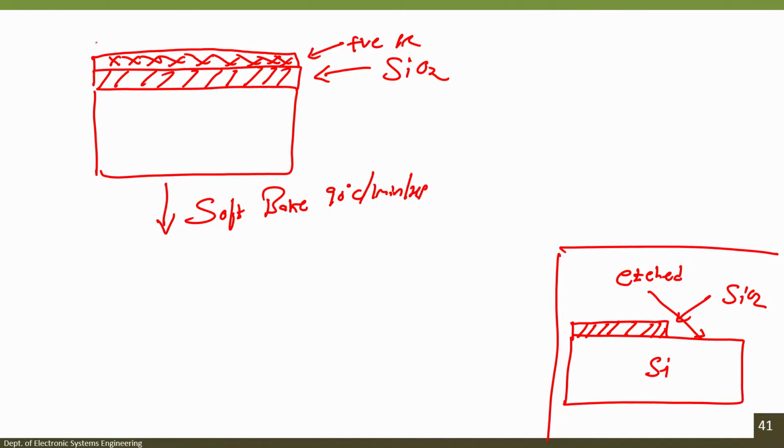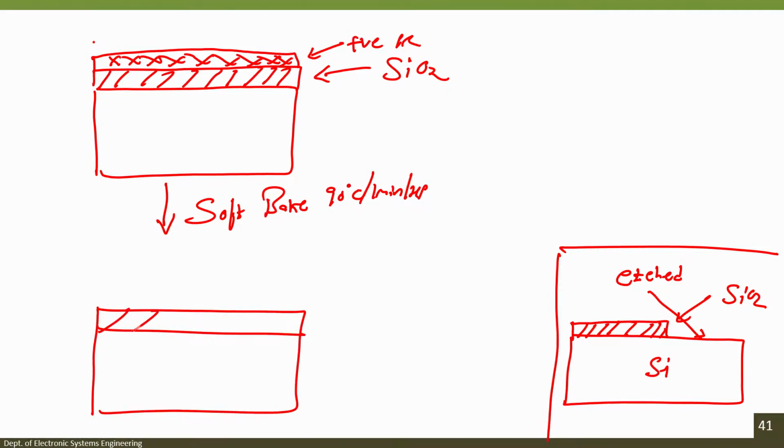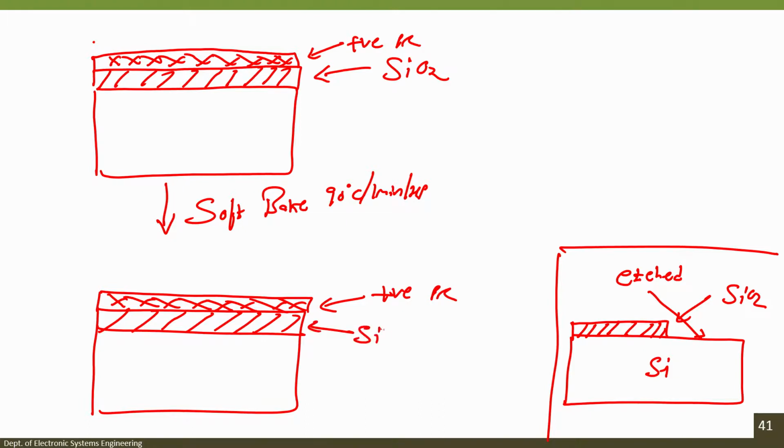After doing that, we will load the mask. So, let me do it here. You have oxide, you have photoresist, okay. Load the mask, alright.